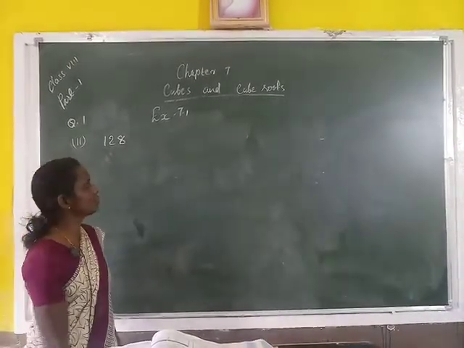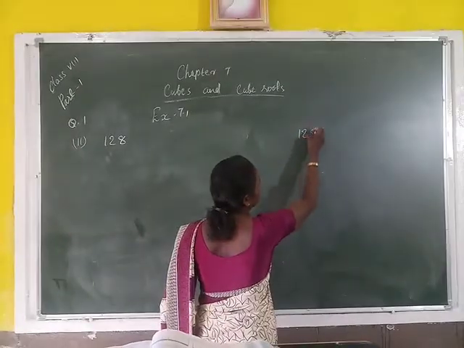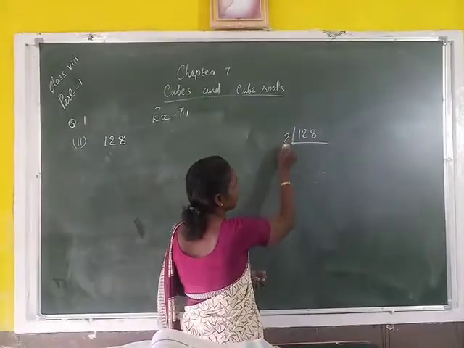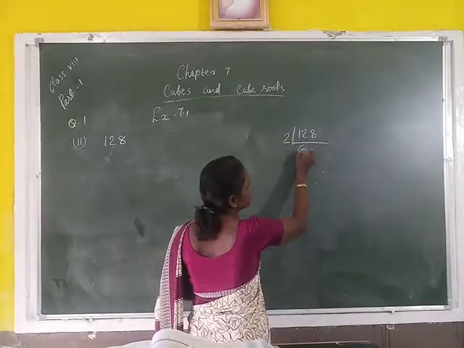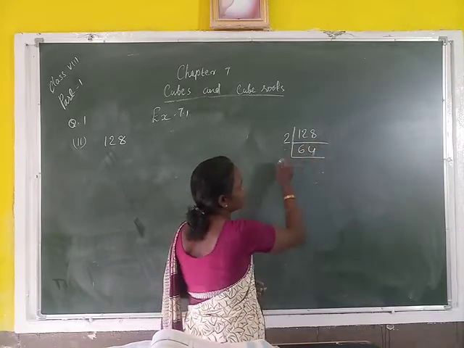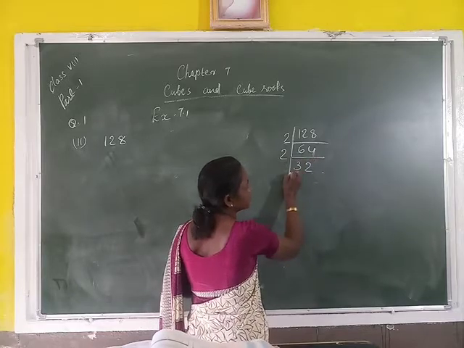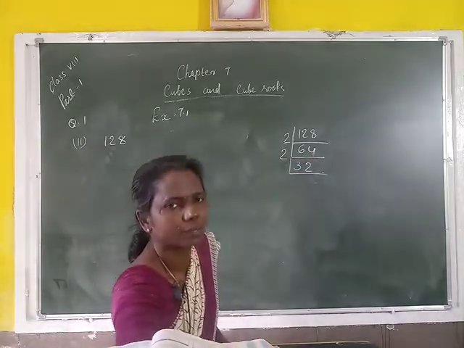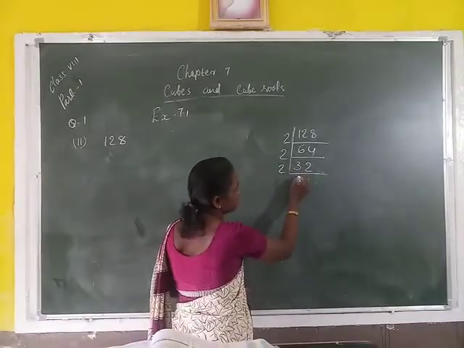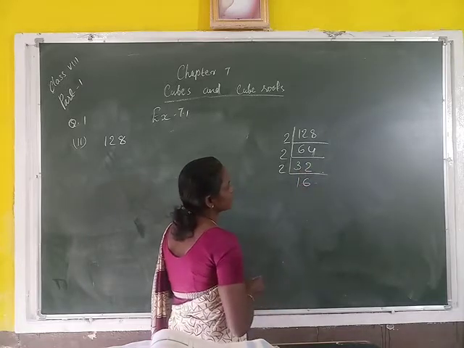Same as before, we factorize first. This 128 is divided by which prime number? 2. 128 divided by 2 is 64. Then again divided by 2 is 32. This 32 is again divided by 2, which gives 16.